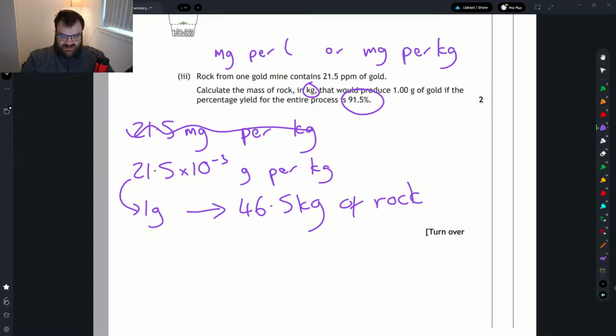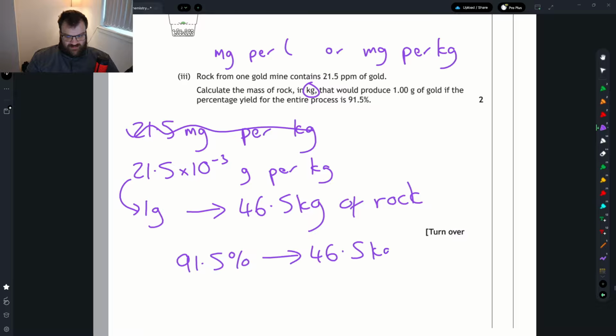Now, I'm just cutting it on here. I missed the fact that's 91.5% efficiency, the percentage yield. So we can actually make that work though. Now, the mass that I've worked out there, that would be our 91.5%. It's 46.5 kilograms. We are going to need more than 46.5 kilograms because it's not 100% efficient.